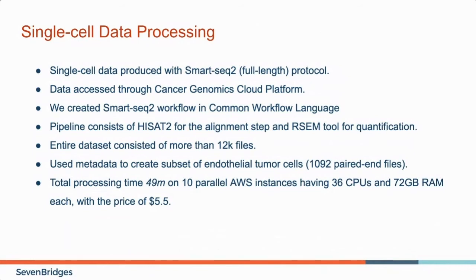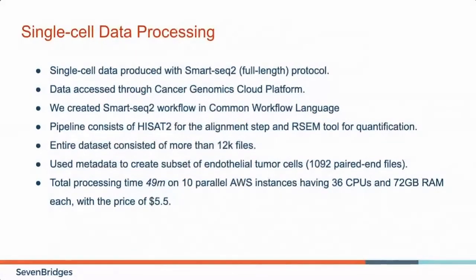And to process FASTQ files, we created an implementation of SmartSeq2 workflow in Common Workflow Language, and we optimized it to be executed on Seven Bridges cloud infrastructure. The original pipeline is created by the data coordination platform of Human Cell Atlas, and it uses HISAT2 for the alignment and RSEM tool for quantification.